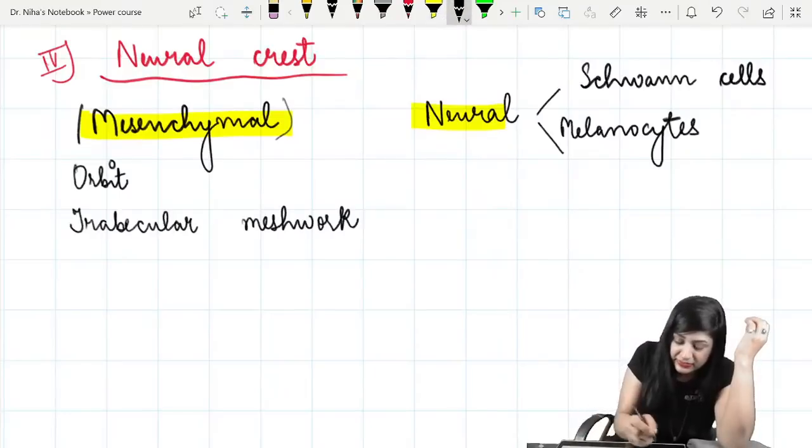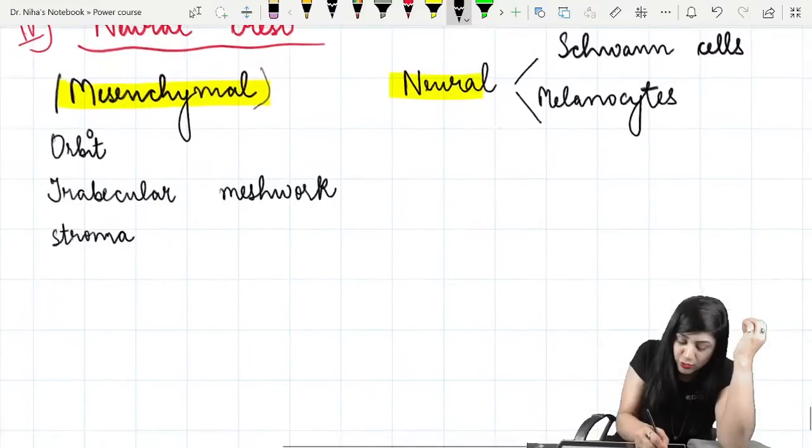And then third we have the stroma. Now if you look at the stroma, we have the stroma of the cornea.